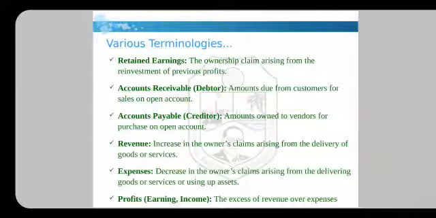And accounts payable, that is creditor, the amount owed to vendors for purchases on open account. Revenue is an increase in the owner's claim arising from the delivery of goods or services. So whenever we deliver any goods or services, a claim of the owner arises. Expenses are a decrease in the owner's claim arising from delivering goods or services or using up assets. Profit means what? Earning or income, the excess of revenue over expenses.